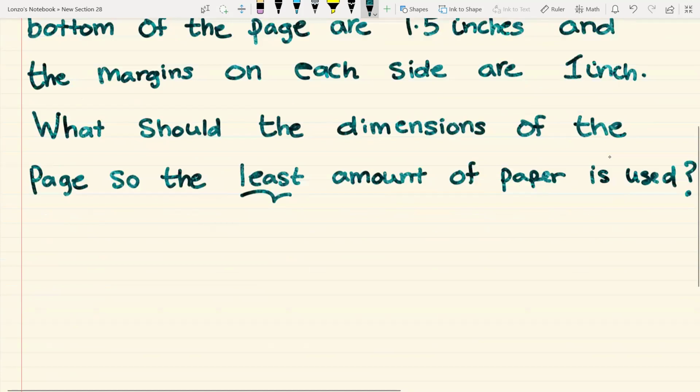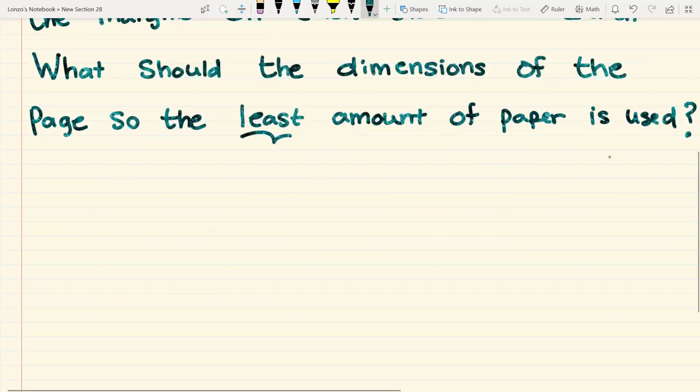If you ever had a printed sheet of paper, the words are not all from left to right. There is some margin left over that doesn't have any kind of writing.